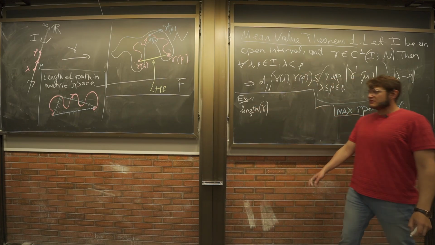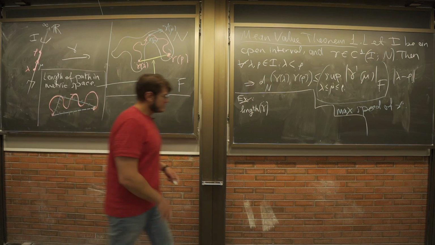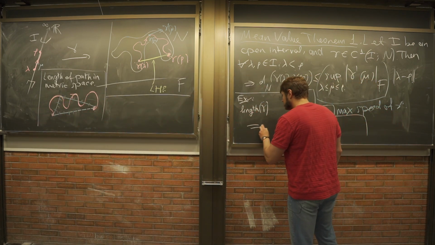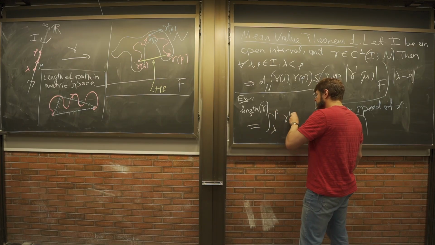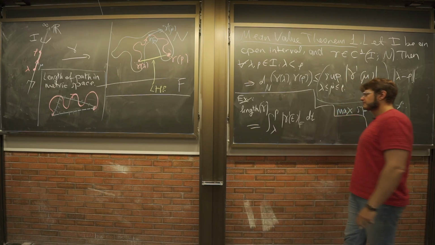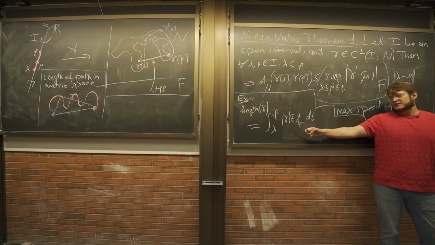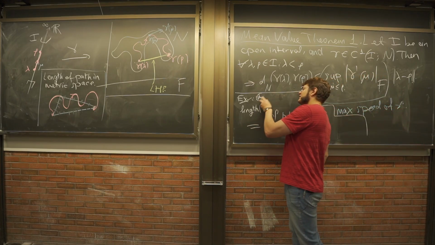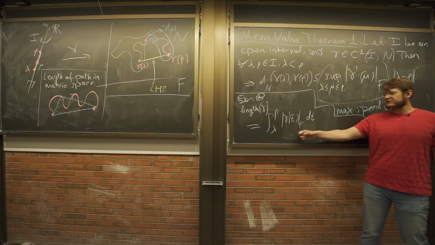Length of gamma, defined in the way that we defined in a previous problem set, is the integral of its speed. It's a very nice exercise. It's so nice that I might even put it in the second midterm. Okay. Now, does this make sense?